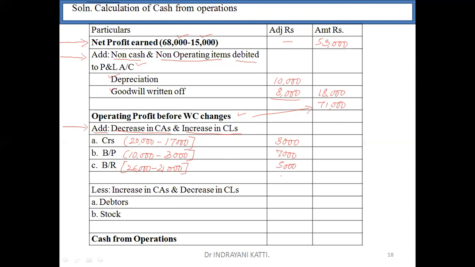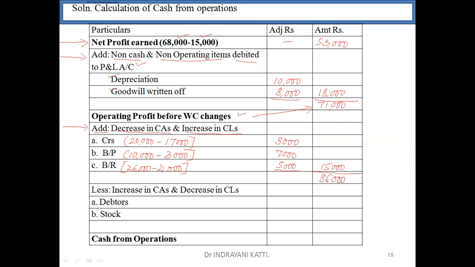When you make the total of all the three, the total is 15,000. This 15,000 is added to 71,000. Add these two figures, we derive 86,000.